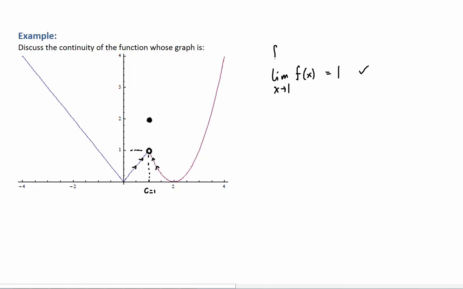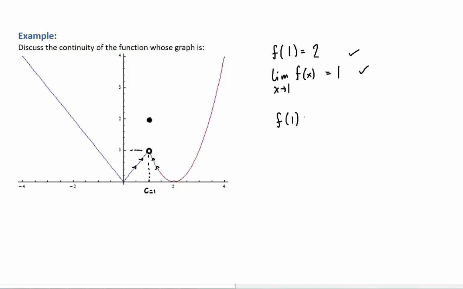But now f does not take the value of 1. f is defined, but f is taking the value of 2. So condition 1, that f is defined, is satisfied, but now f of 1, oh, sorry, I made a mistake here. This should have been a 1. We're talking about x equals 1.